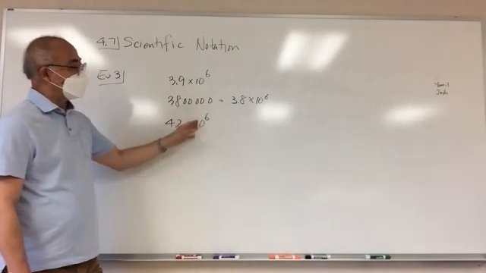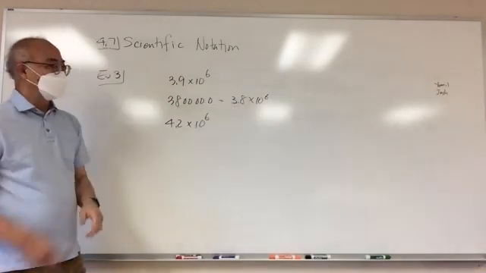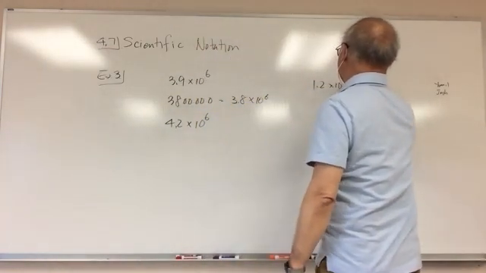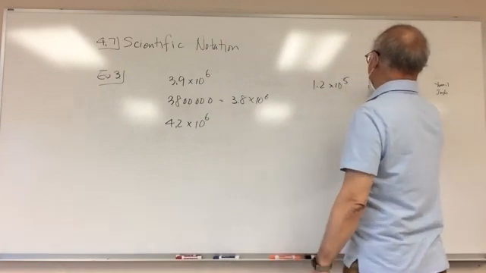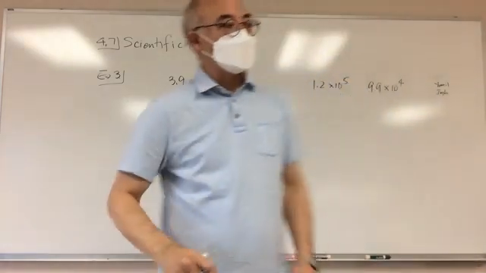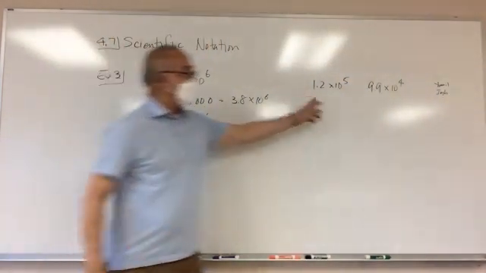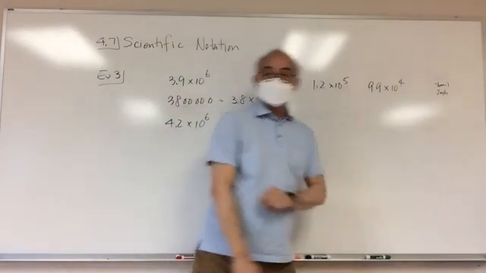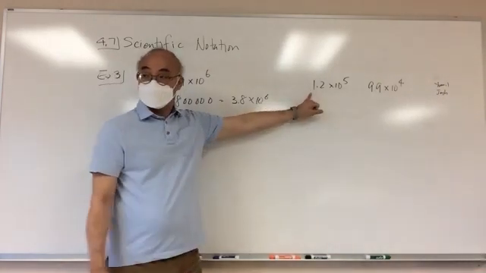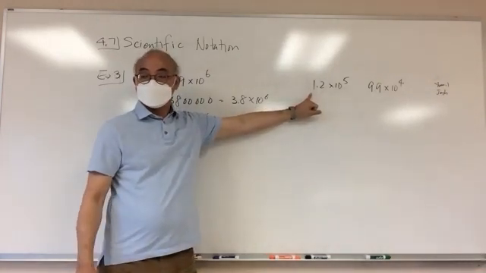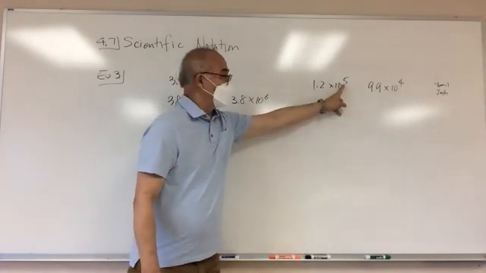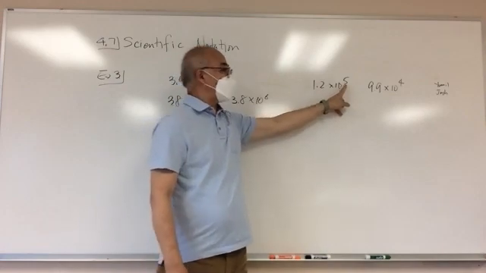Okay. Sometimes you're not going to have where they're all the same. Let's say one was like 1.2 times 10 to the 5th, and the other one was 9.9 times 10 to the 4th. Which one is larger between these two? This one's larger. Why is this one larger? Because the exponent is higher, right? This is 5, this is 4.